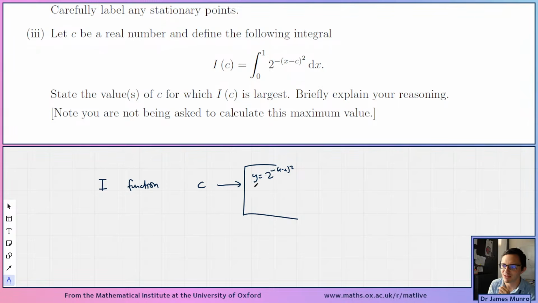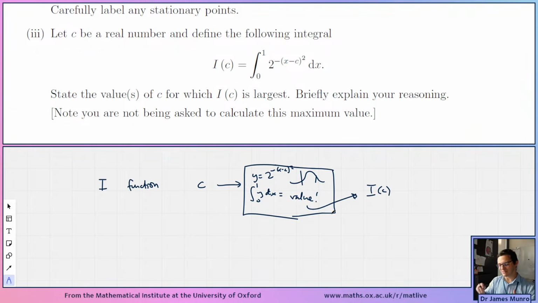I have to work out that graph, and then I have to go and integrate that from 0 to 1 across some area. Maybe I have to go and sketch it for x minus c. This is all happening inside a box. Value. Okay, and then the value pops out of the box. That's the value. And in some sense, you can abstract this to say, well, this is just a function, right? You give me a number, you get an answer back.